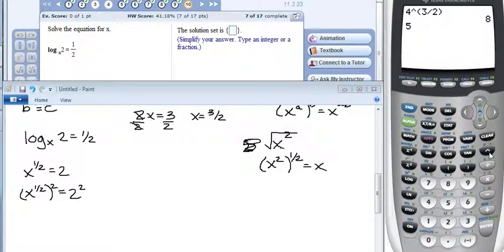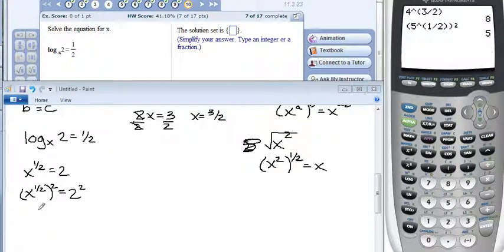Parentheses, 5 raised to the 1/2 power, and then I square the whole thing, I get back to a 5. That's what I want, the 5 is the x. So 1/2 and 2 are inverses of each other when I raise them.